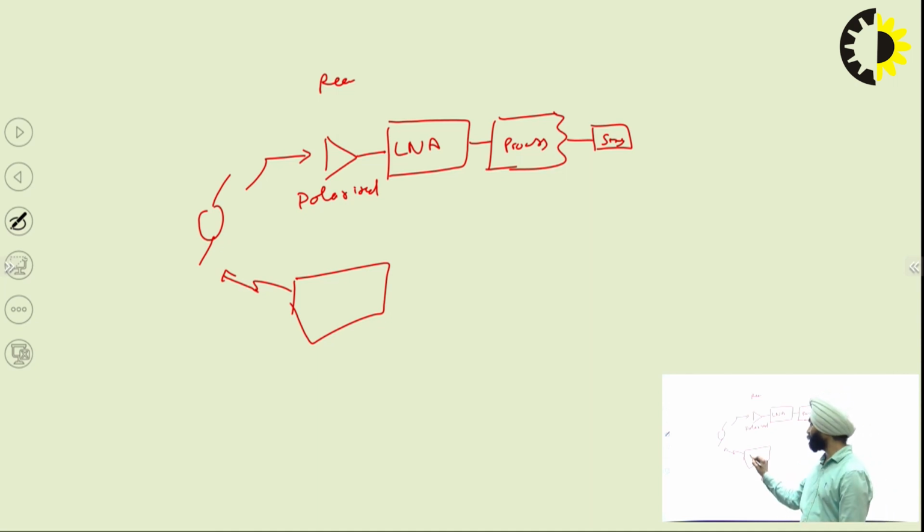Generally a high power amplifier is used, which increases the power of the signal to improve the signal to noise ratio. So at the input we use a high power amplifier which increases the uplink signal power.